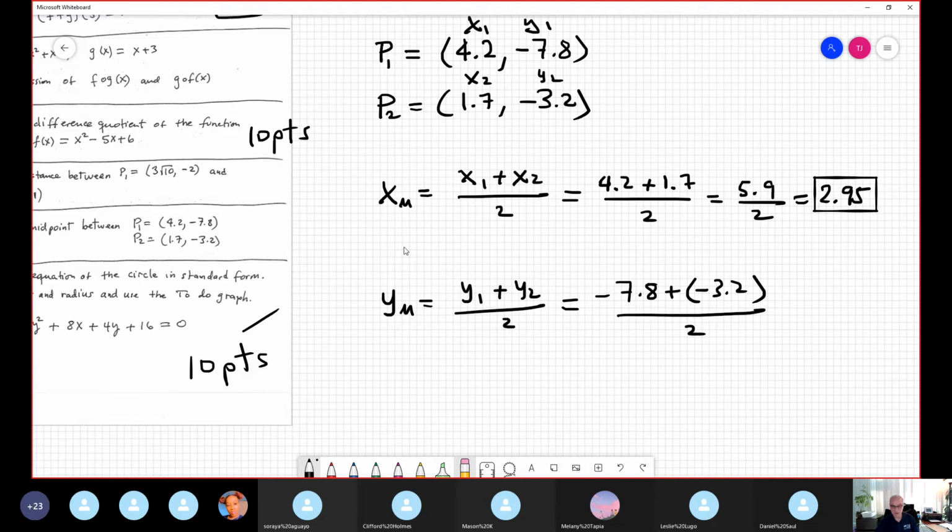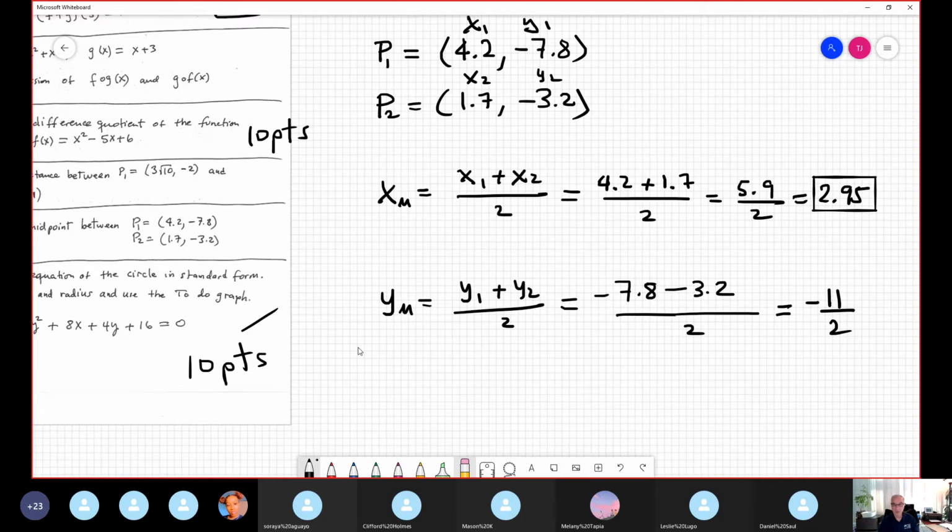I don't like double signs, because I know positive and negative together is negative, so I erase that part, because in my mind it works much better like that. 7.8 and 3.2: addition, because same sign, you add, is 11, but negative 11. And negative 11 divided by 2 is negative 5.5.